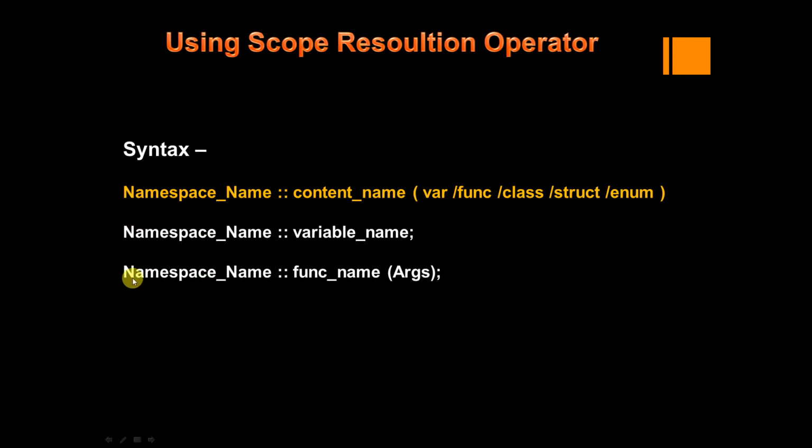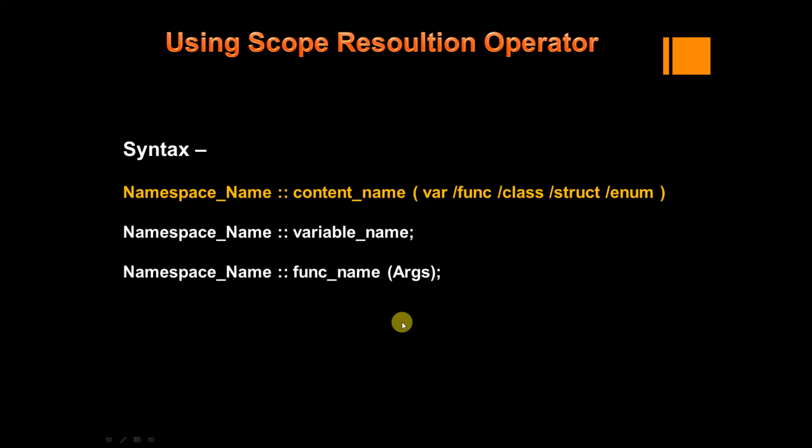When we say variable name or function name here, we are telling the compiler that this variable name does not belong to the current scope. So to which scope should it look? It has to look into the namespace name. So when we give the scope resolution, the compiler will look for the variable or content which is present inside a namespace.